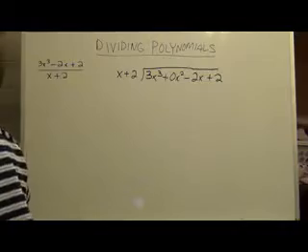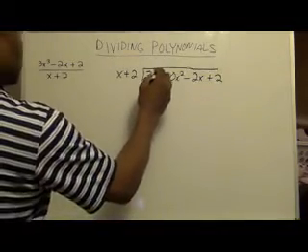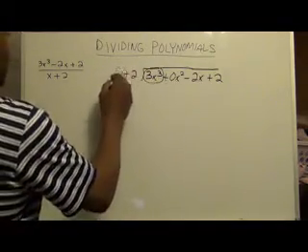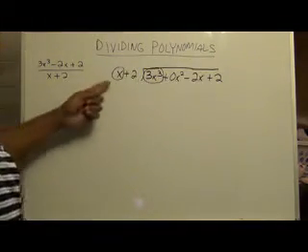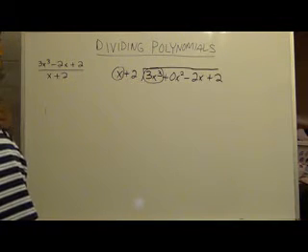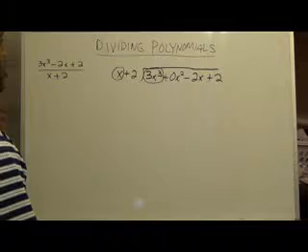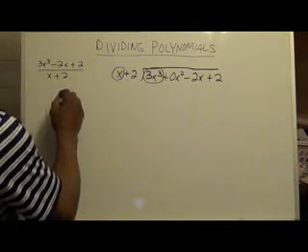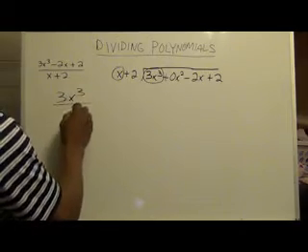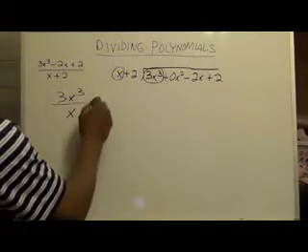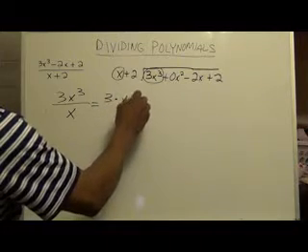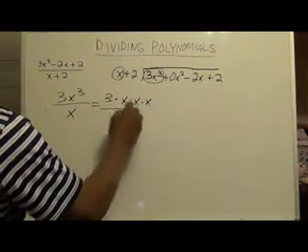Now, the only thing we really need to do is look at this and this. If we try to put x into 3x cubed, what we're going to have left is 3x squared. Because if you say 3x cubed divided by x, that's the same thing as saying 3 times x times x times x divided by x.